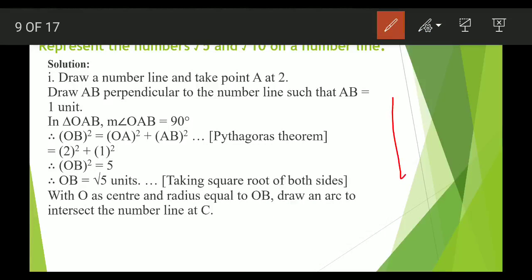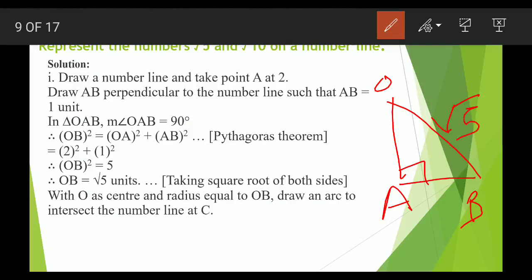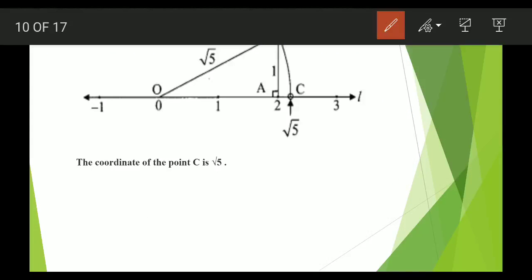So I have a triangle here, children. The triangle name is OAB, where A is 90 degree. So as I said, one side should be 2 units, another is 1 unit to get root 5. So according to the Pythagoras theorem, children, OB square is equal to OA square plus AB square.